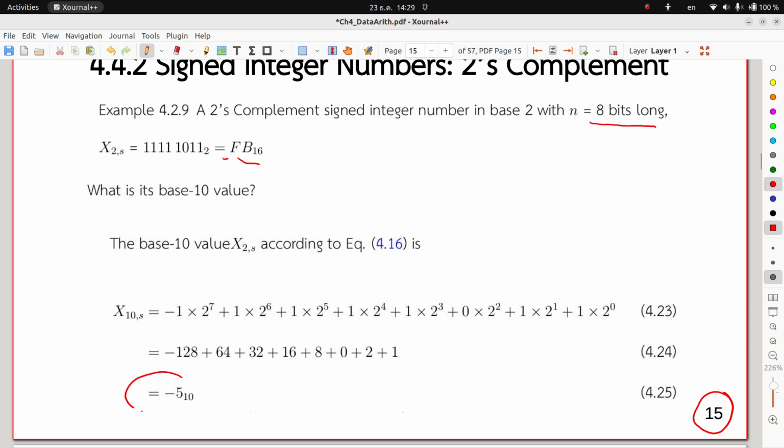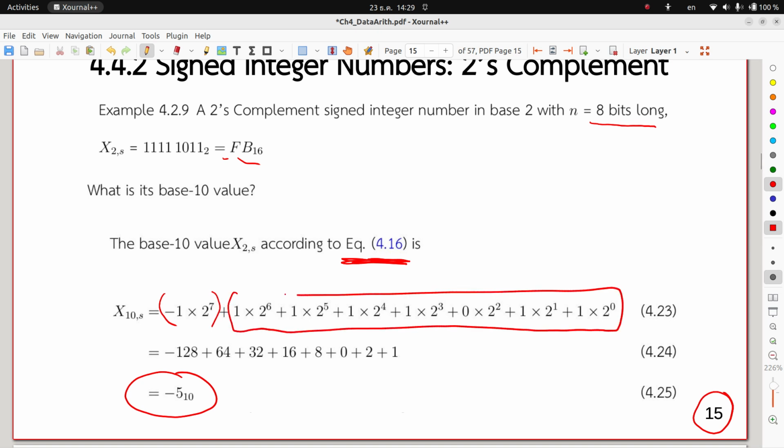You're going to get minus 5 base 10. If you use equation 4.16 here, the rest is positive, right? Only this part is negative. Cool?